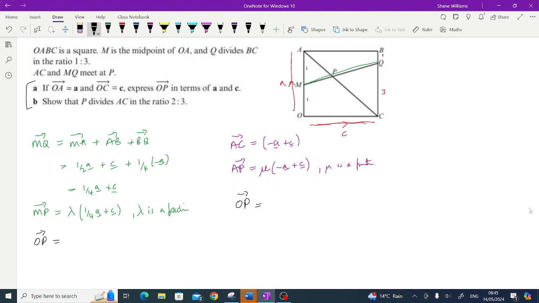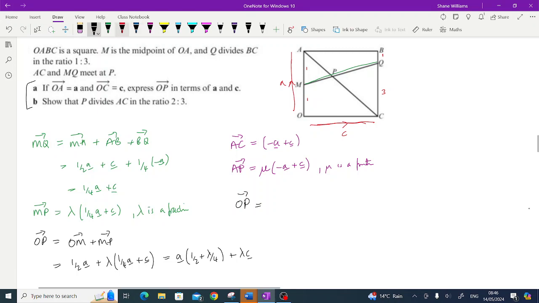So O to P could be O to M plus M to P, in which case I'll say a half A plus what I've written above, which collects together. I'm going to collect together the amount of A's here, so I've got a half plus lambda over 4 lots of A's, plus I've got lambda lots of C's.